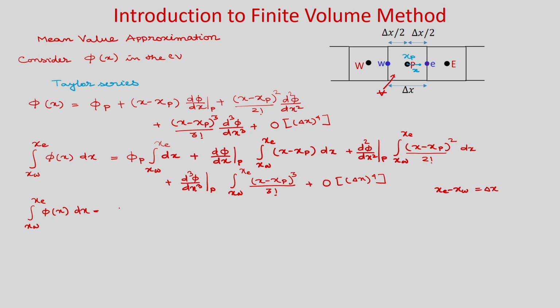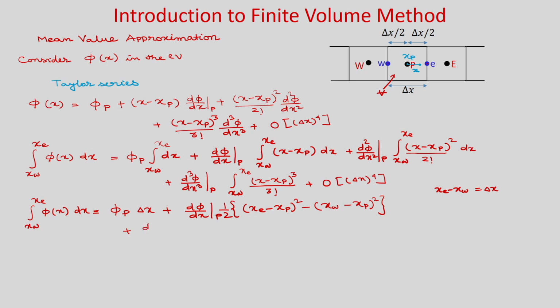So, you can write phi p into delta x plus, now if you integrate the next term, it will be x minus x p whole square by 2, and if you put the limits, then you can write d phi by dx at p, half, x e minus x p whole square minus x w minus x p whole square.